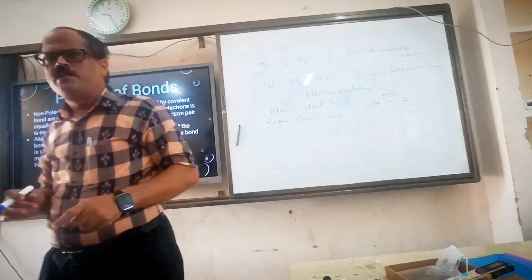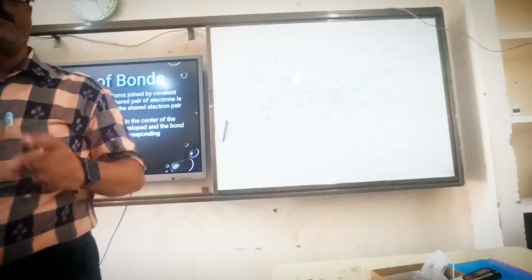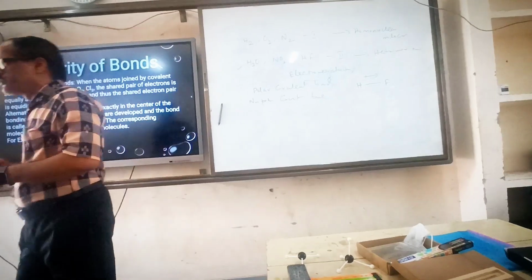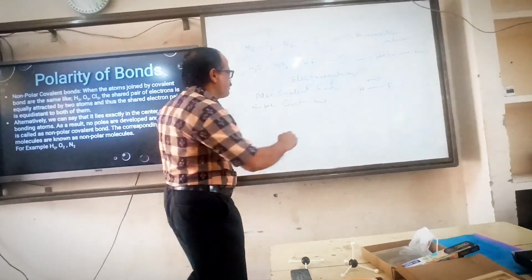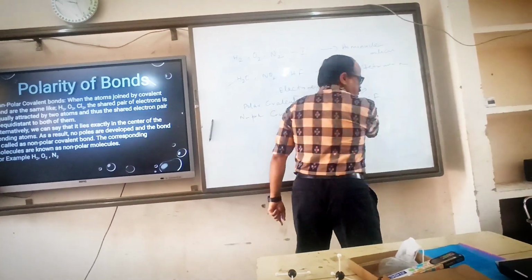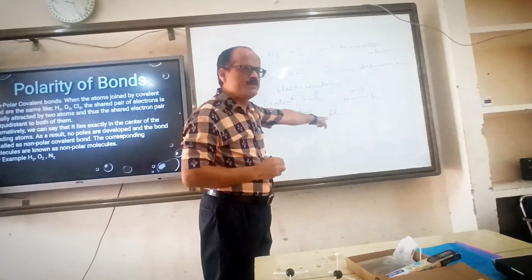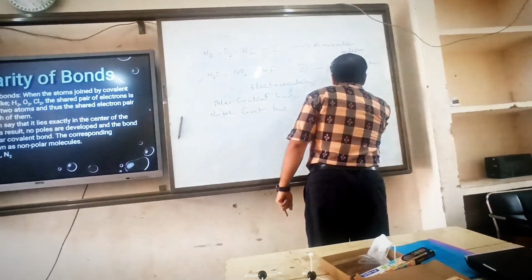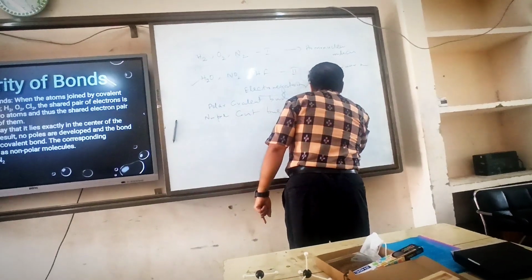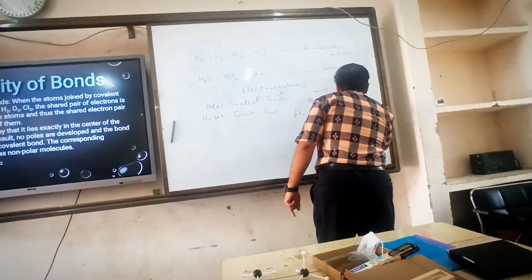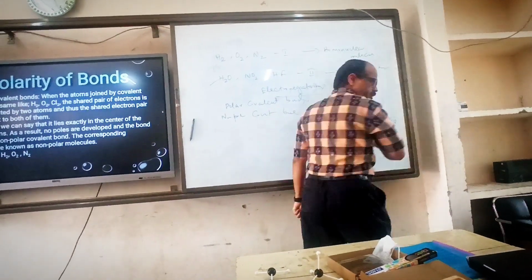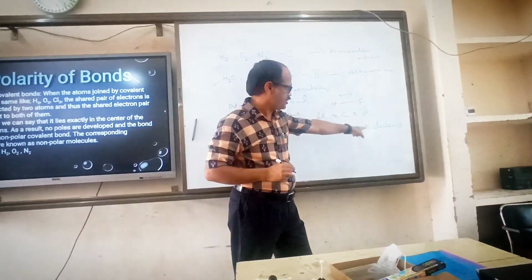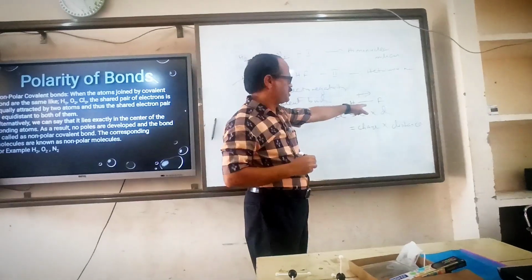One term that comes is dipole moment, and this dipole moment is nothing but the multiplication of charge into distance. It is represented by the symbol mu, the symbol of dipole moment, and it is equal to C into D, where C means the charge and D the distance between the two poles.